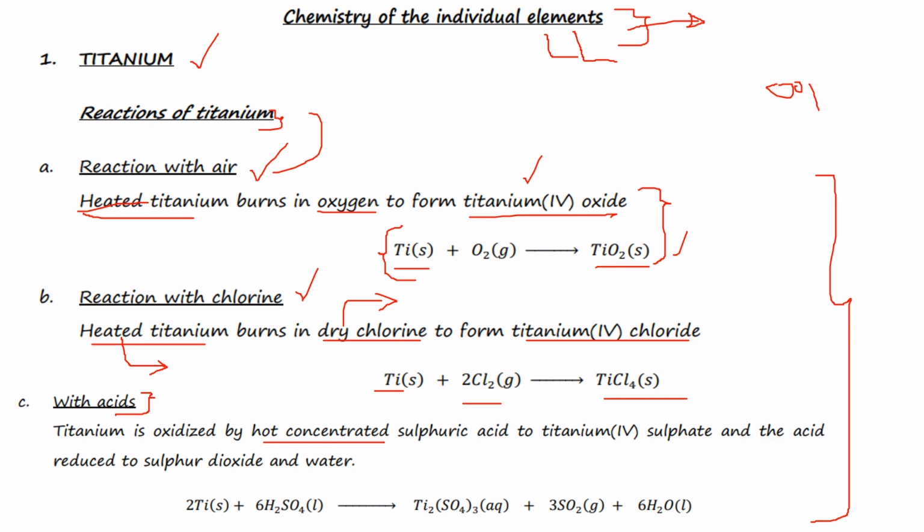For you to qualify for a mark for the statement, you must represent all the conditions that are required whenever you are answering a specific question. The statement to the equation must contain all the conditions together with the products that are going to be formed, well stated. So you're going to say that titanium is oxidized by hot concentrated sulfuric acid to titanium 4 sulfate.